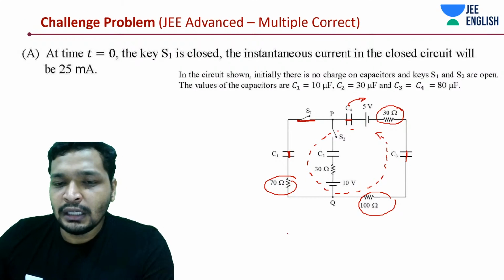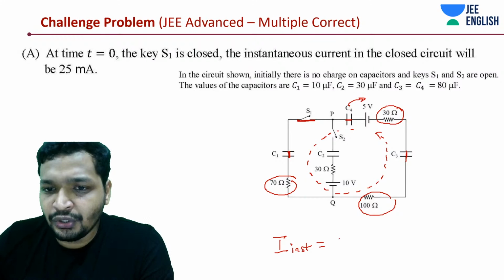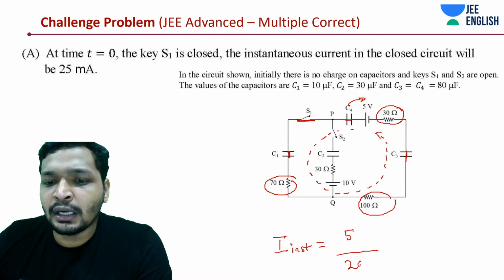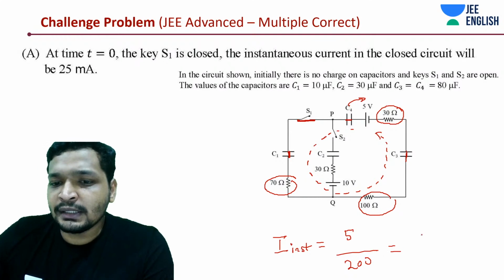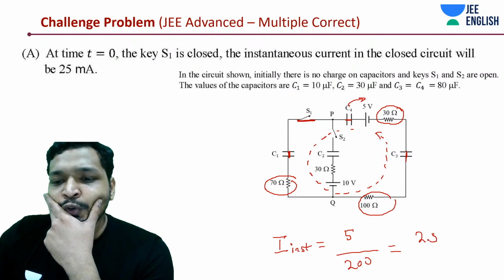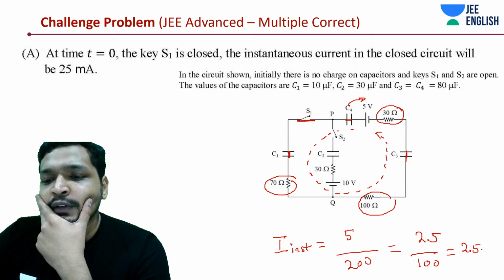How much is that? Instantaneous current at time t is equal to 0 should be 5 volts divided by 70 plus 30 plus 100, 200. Basically, this is 2.5 by 100. How much is this? 2.5.